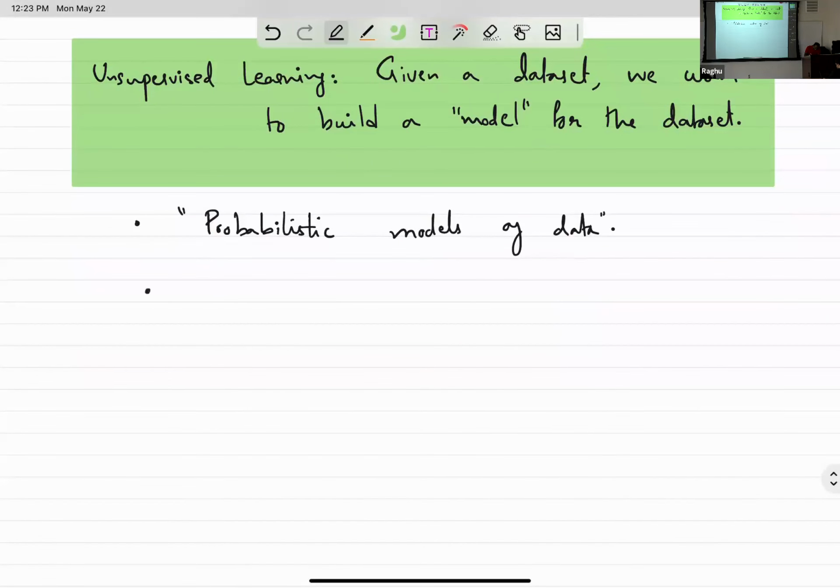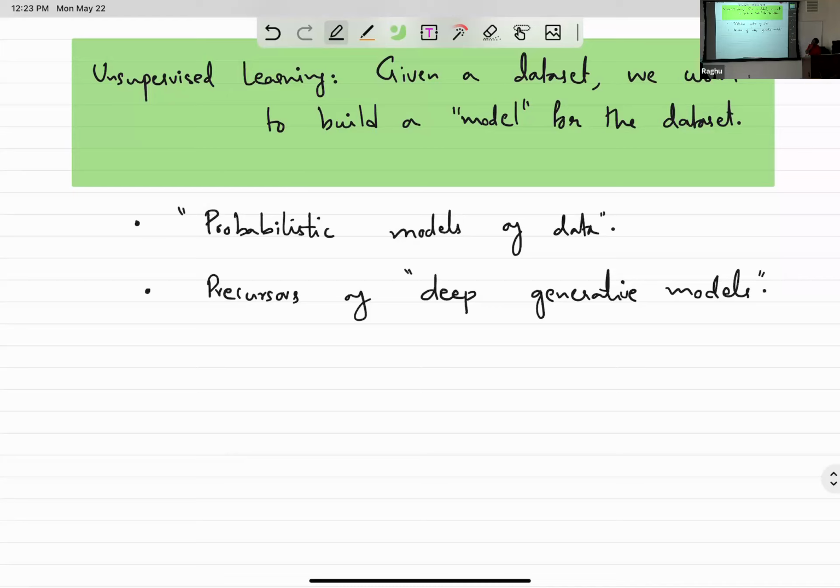We should think of the models that we are studying as precursors of deep generative models. We are going to study generative models, but we'll start at the very basic generative models and see how to learn them. Then the deep generative models are deeper generalizations.